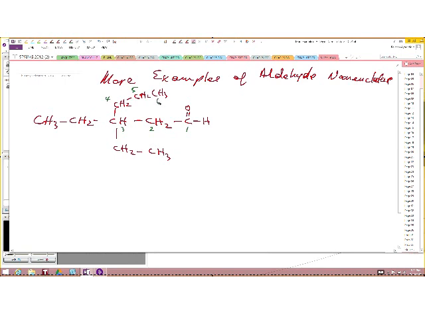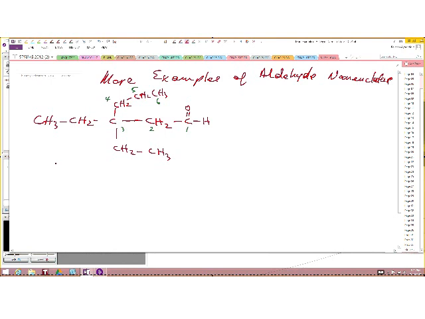Okay, so you look for the longest carbon chain that contains the aldehyde functionality. So therefore, we have in this molecule here two substituents on carbon number 3.